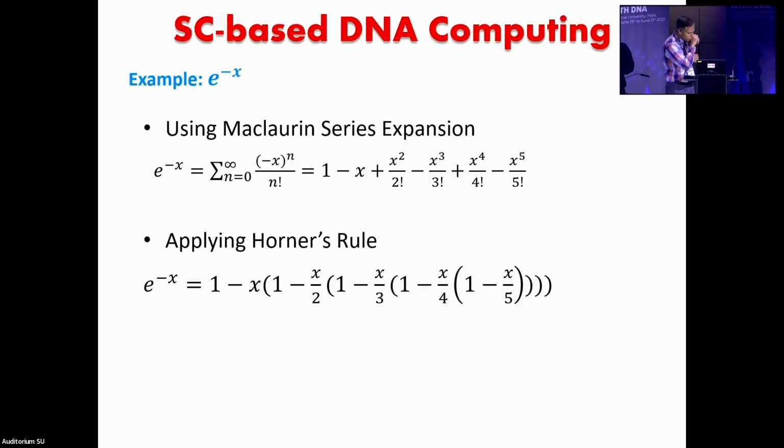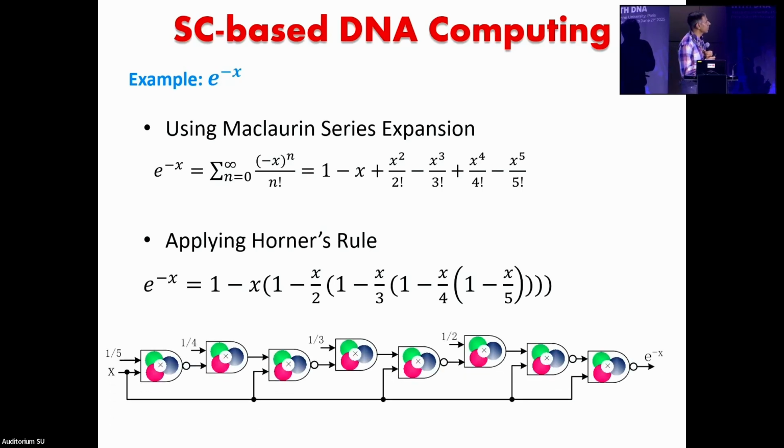In this representation, you see that each of the parentheses that we have has the form of 1 minus multiplication of 2 numbers. For example, here 1 minus x multiplied by 1 over 5. And when we go to outer parentheses, we have this for all of them. And then we can map this equation to this set of cascaded NAND and AND gates.